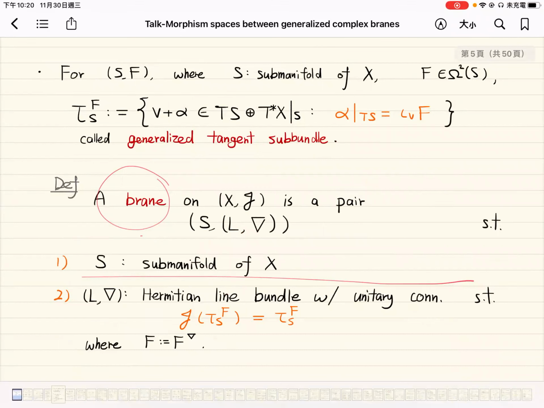So apart from the generalized complex structure, we can also talk about the generalization of submanifolds.